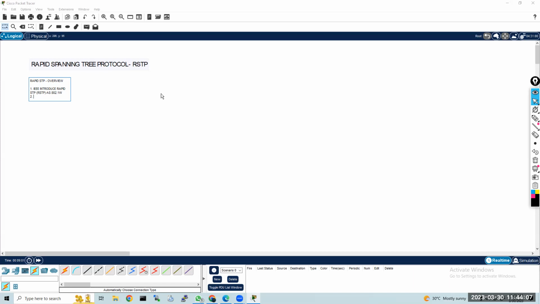To avoid that, the IEEE introduced Rapid Spanning Tree Protocol, which avoids listening, learning, and blocking, which was taking up to 50 seconds. It will take only a few milliseconds if any physical link changes. The response time is very high.